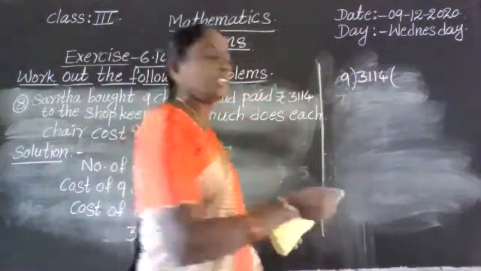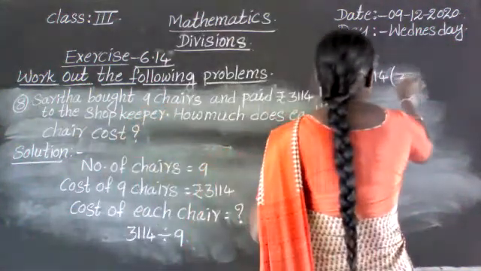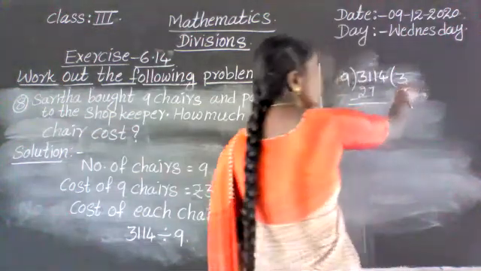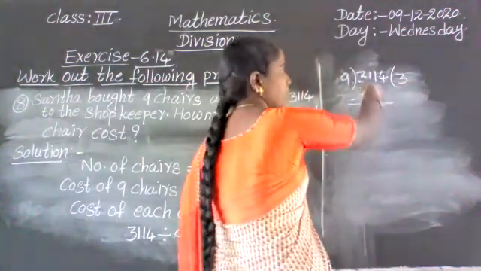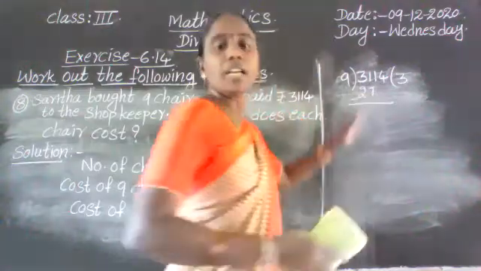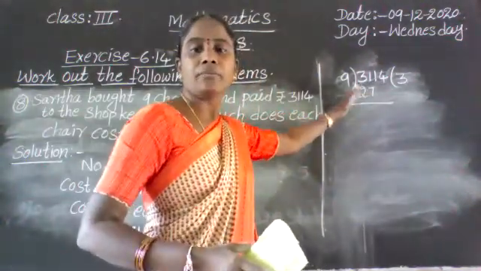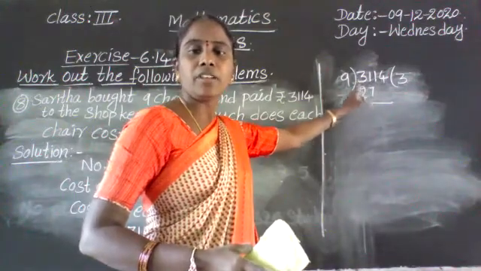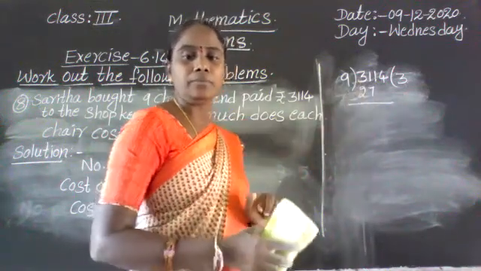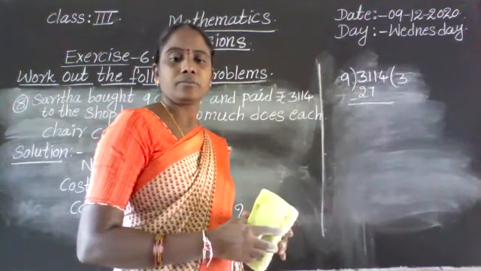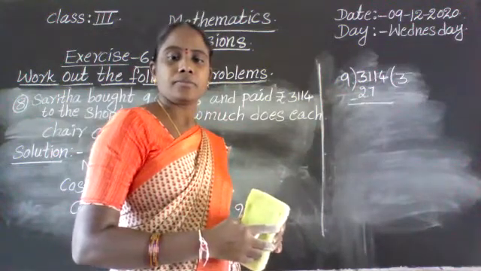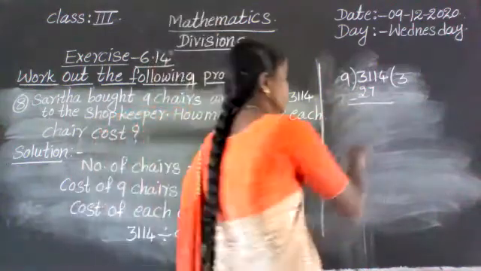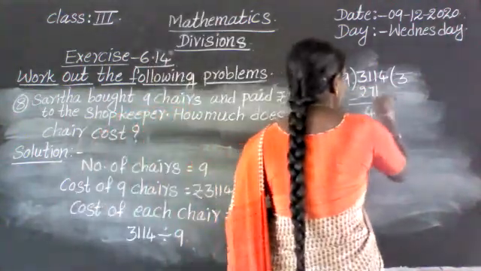Yes, 27. 9 3s are 27. Write 3 in the quotient and 27 in the dividend downside. 31 minus 27. What is the difference? Yes, 4.